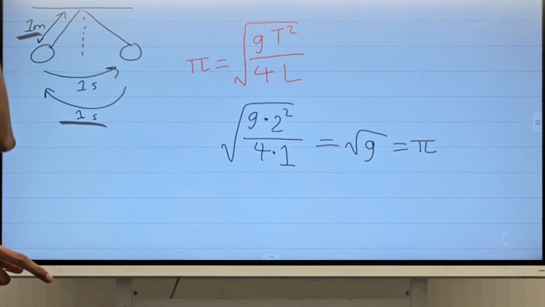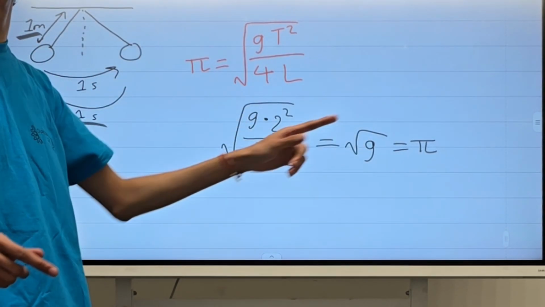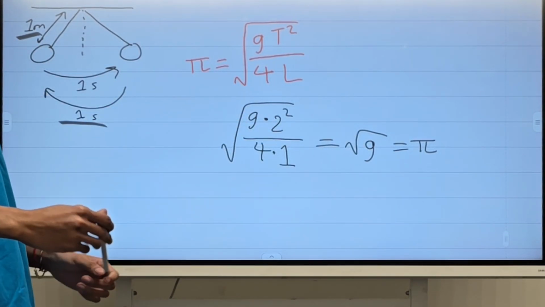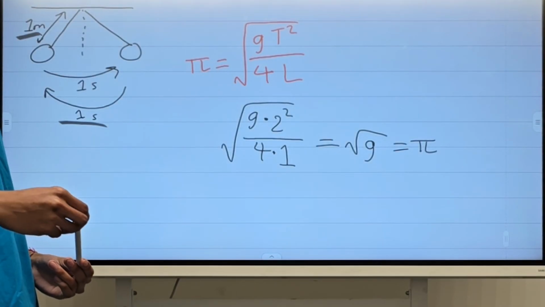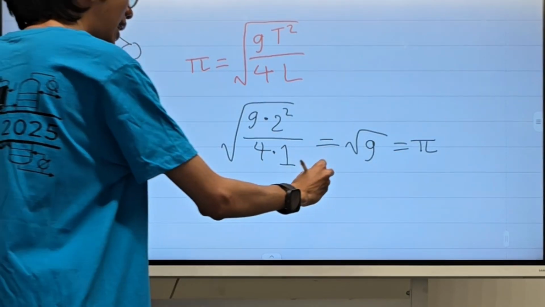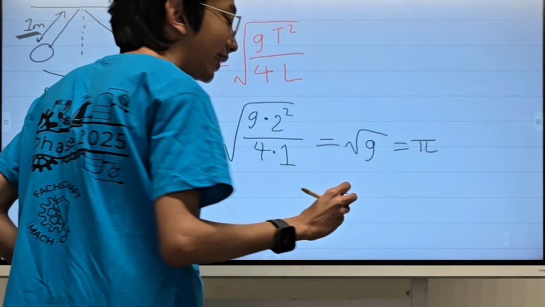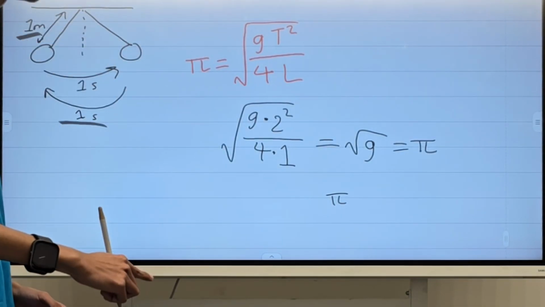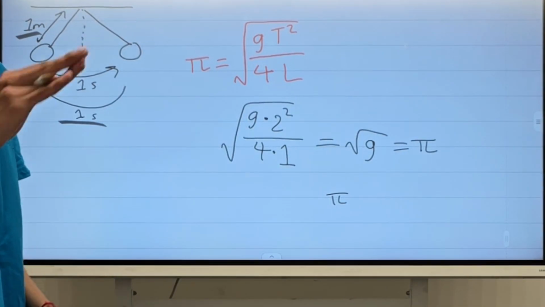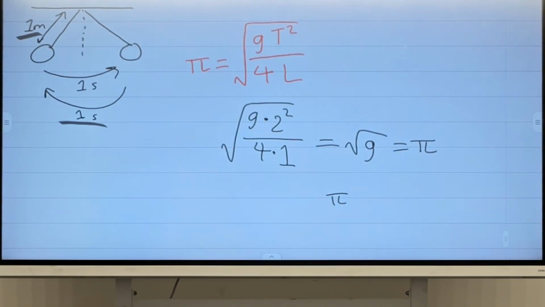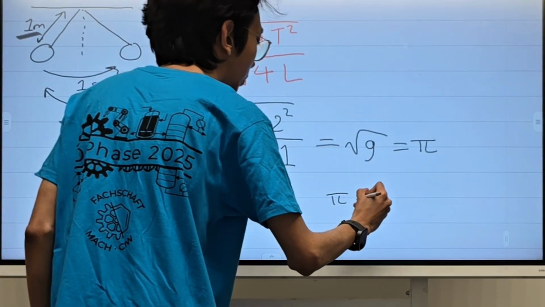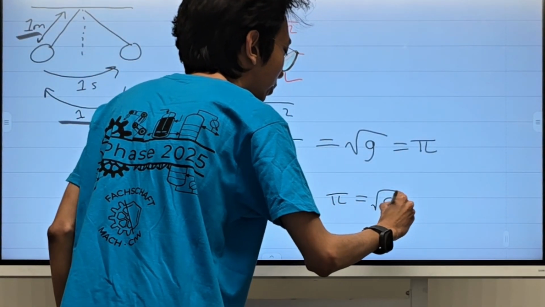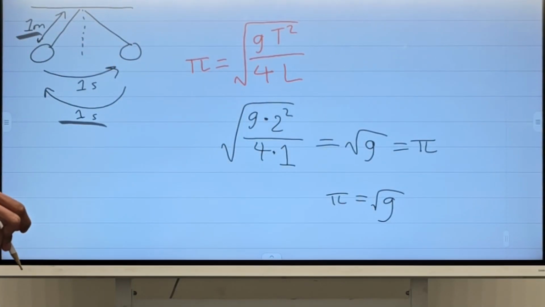Humans made it so that g is equal to pi squared. So what we can actually do is find pi by taking the value of g from experiment number 1, skipping everything in experiment number 2, and just taking the square root of that value.